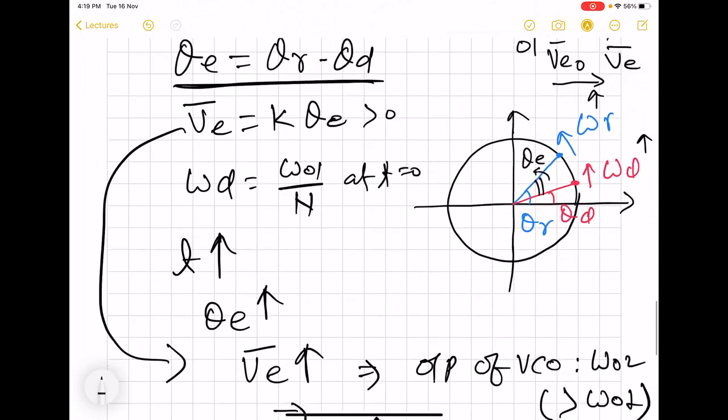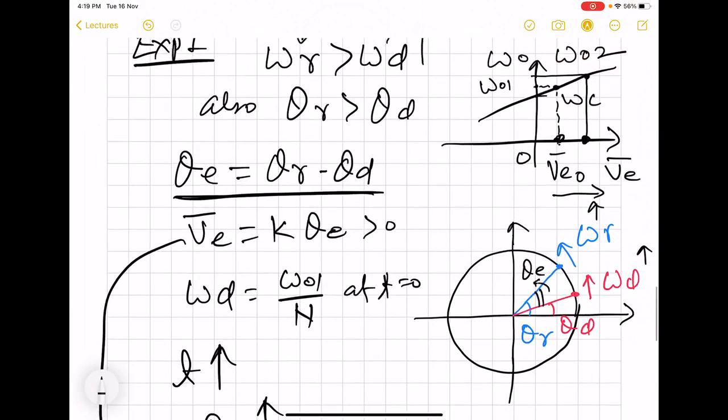So if we have this kind of scenario where the reference frequency is higher compared with the divider frequency, then the phase difference between the two signals is going to increase. That will result in more voltage being input to the VCO. That will ramp up the output frequency of the VCO, so that omega d also ultimately increases.